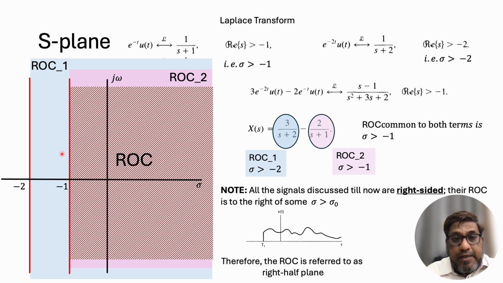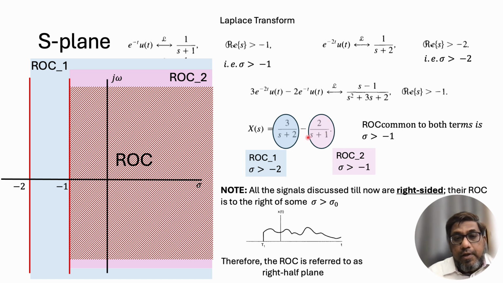So the region that is common to both the ROCs of the two individual components. ROC1 is the region of convergence for the 1 upon s plus 2 component, and ROC2, which is the pink region here, is the region of convergence for the 1 upon s plus 1 component.